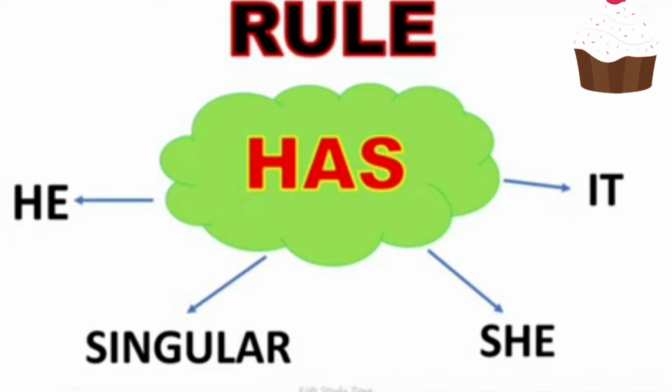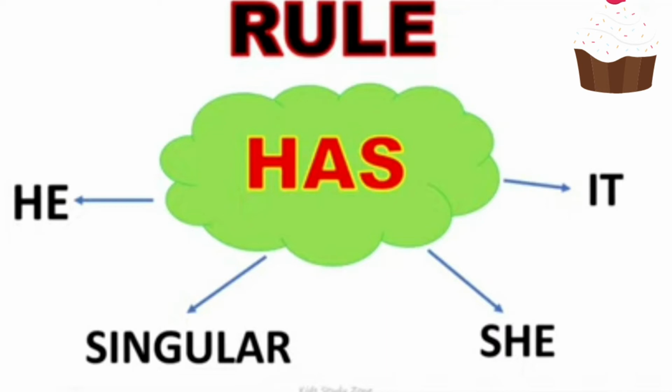And when we talk about anything one in number, it may be one person, one animal, or anything that is one in number, that time also we use has. So children, we use has with he, she, it, and any other singular noun.